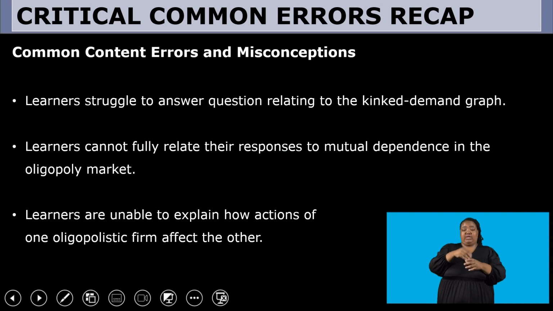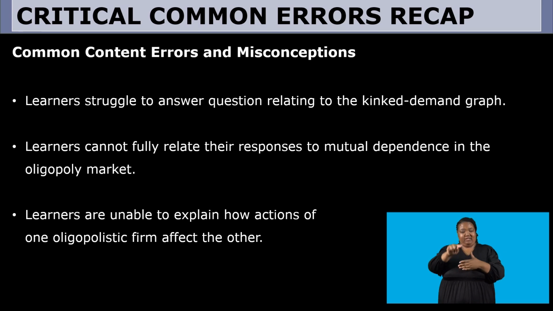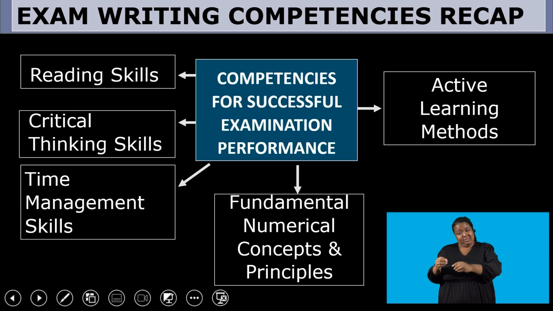Common content errors and misconceptions: learners struggle to answer questions relating to the kinked demand graph. Learners cannot fully relate their responses to mutual dependence in the oligopoly market. Learners are unable to explain how actions of one oligopolistic firm affect the other.